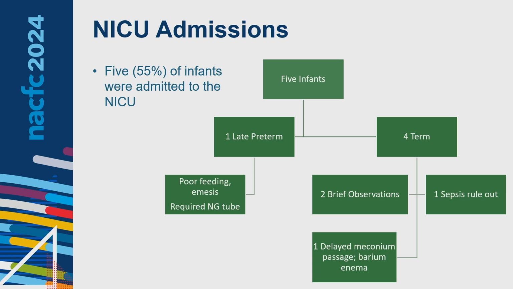This was really for ensuring that no signs of meconium ileus or stool passage issues occurred, and those infants had no issues. 1 had a sepsis rule out, so had blood cultures drawn and was observed for 48 hours to ensure that those remained sterile. And then 1 infant did have some signs of meconium ileus, a delayed meconium passage, and the requirement of a barium enema administration.